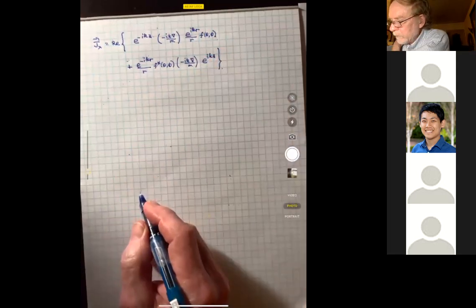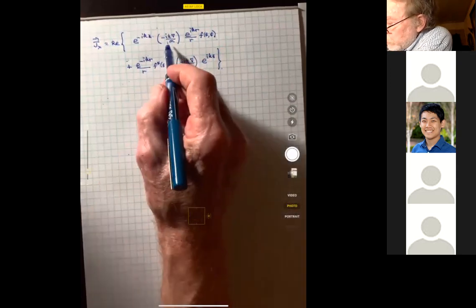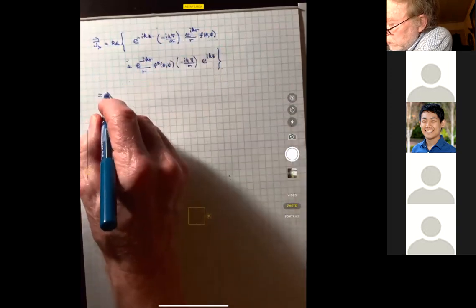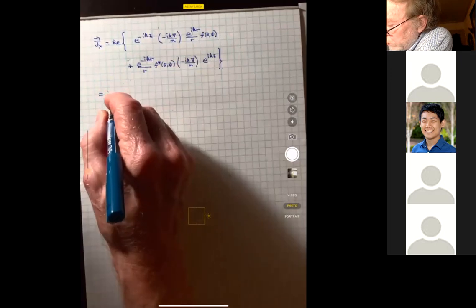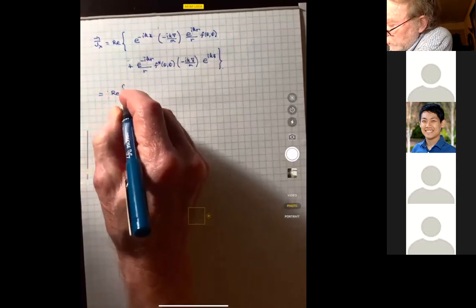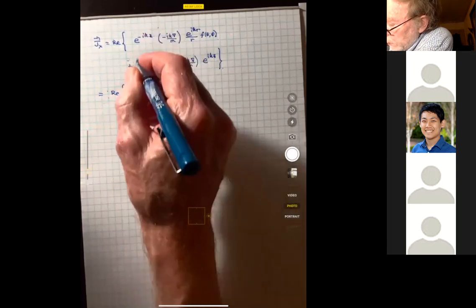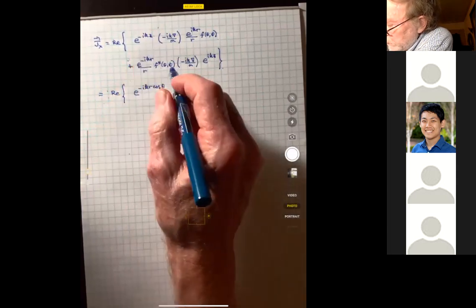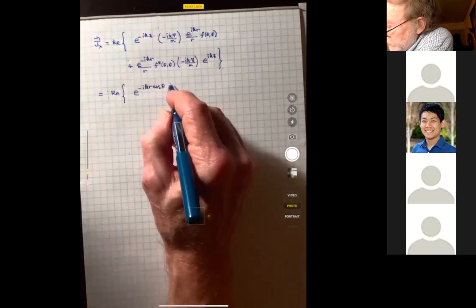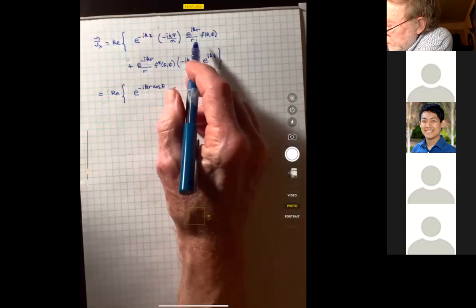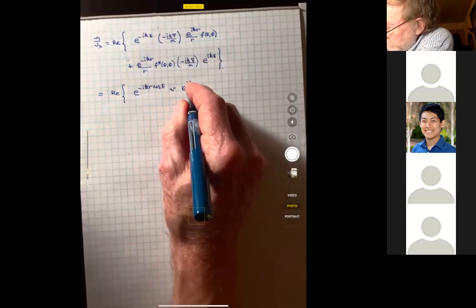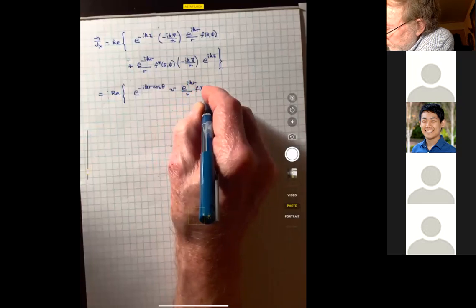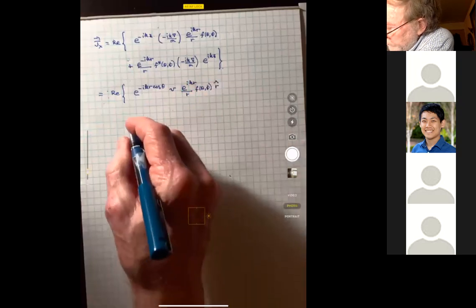All right. Now, if we do these gradients, and we'll again just take the leading asymptotic term, when it acts on this e to the ikr over r, what we get is the real part of e to the minus ikz, and I'm going to write ikz as e to the ikr cosine theta, that part there. And what this gradient operator does is it brings out the velocity, and it leaves the e to the ikr over r like this, and f of theta and phi, and the direction is r hat, in the radial direction.